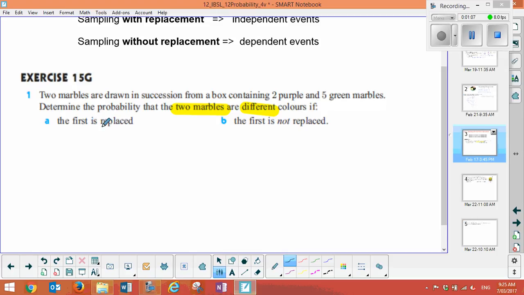In the first case, it's being replaced. So if you think of your tree, you're getting marbles being drawn, purple, green. If we've got 7 marbles and we've got 2 purple, so 2 out of 7 and 5 out of 7, where we're starting with.